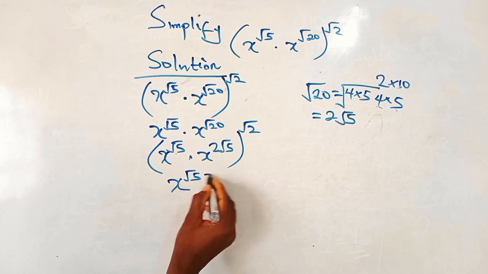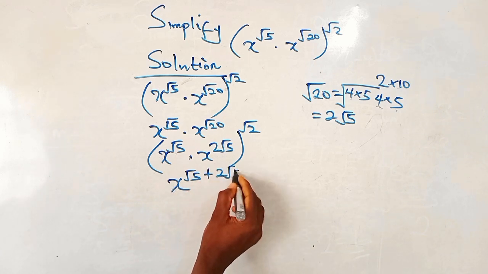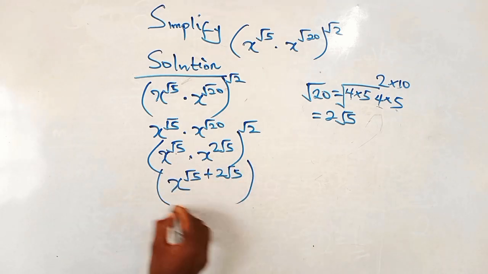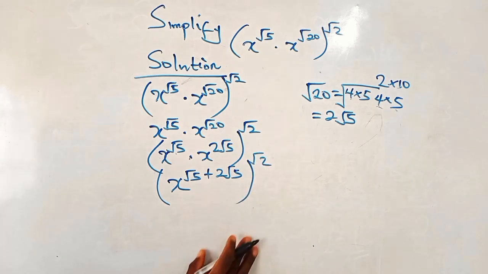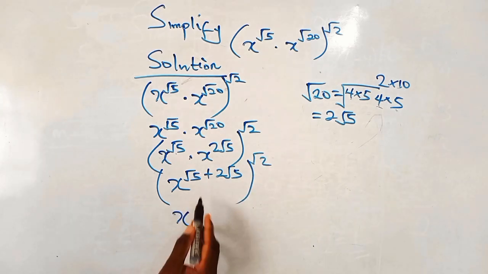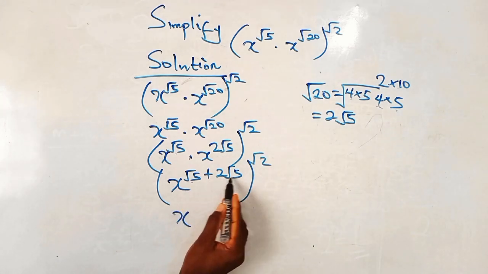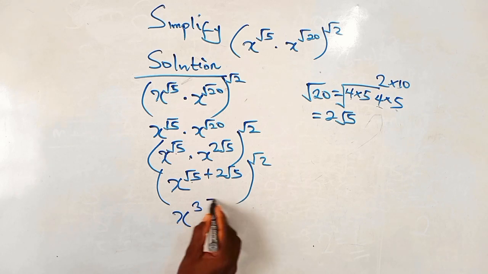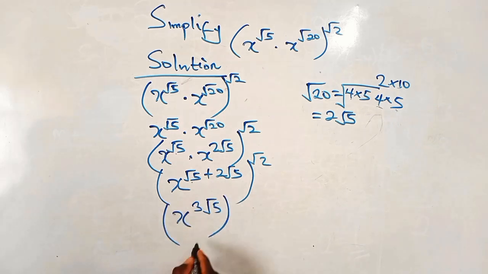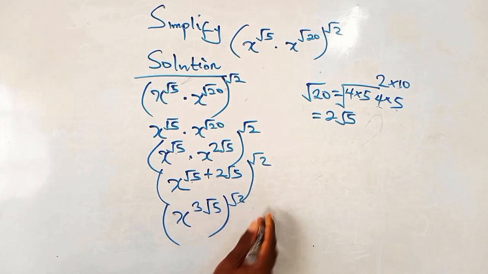So you have root 5 plus 2 root 5, which is 3 root 5, and everything is to the power root 2.